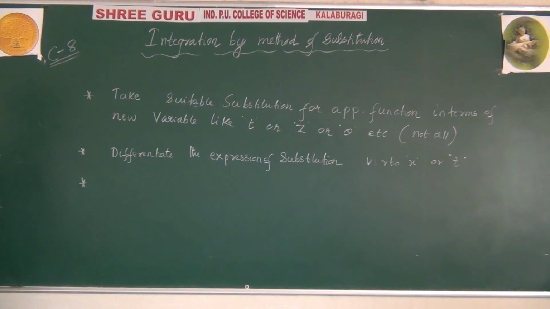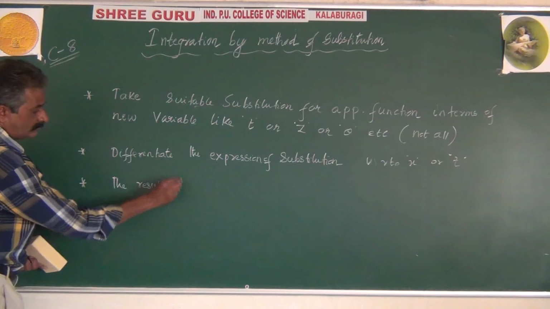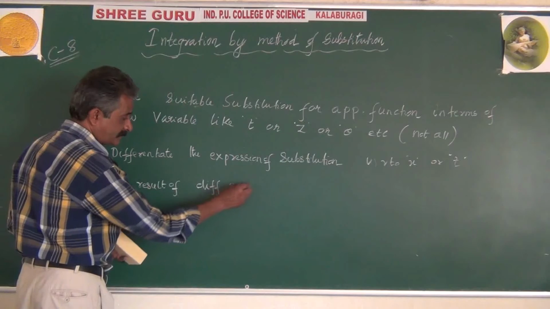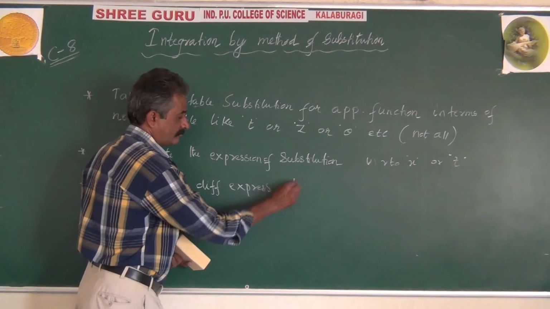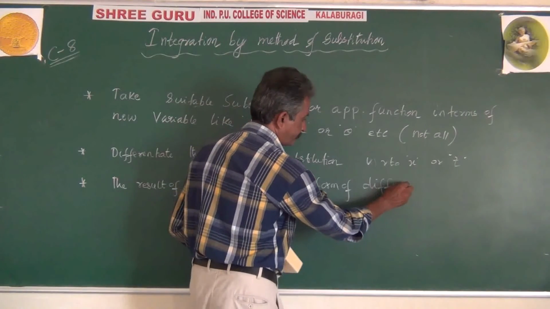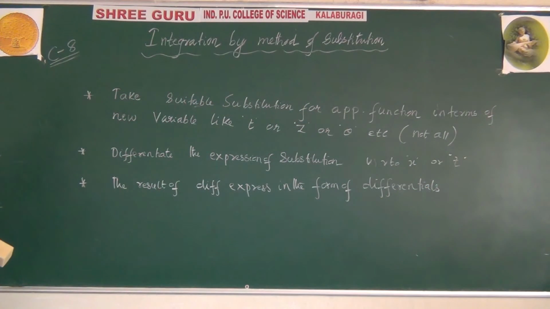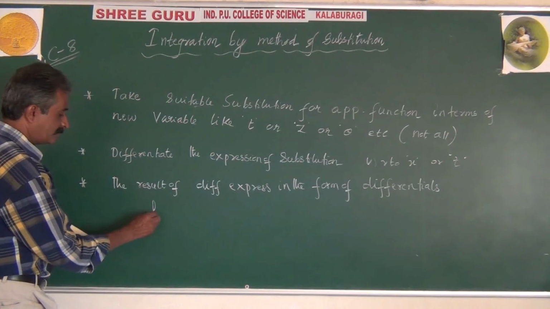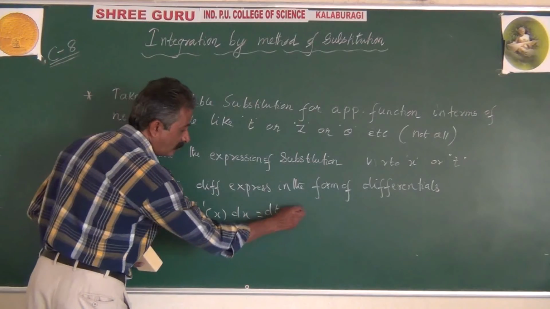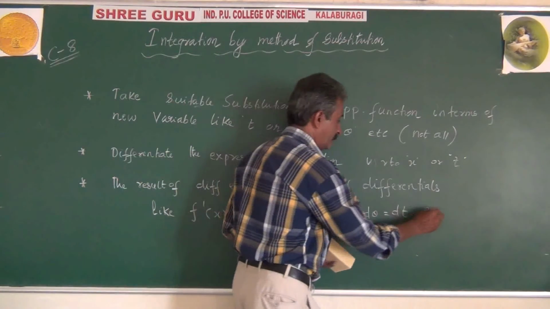After that, the result of differentiation is expressed in the form of differentials, like f dash of x dx equal to dt, or z dash of theta d theta equal to dt, etc. Like this.